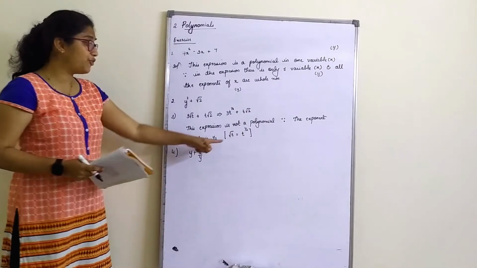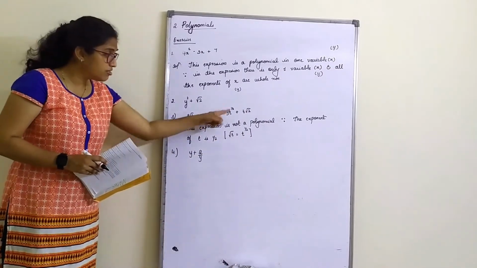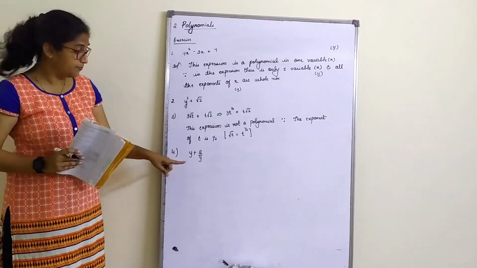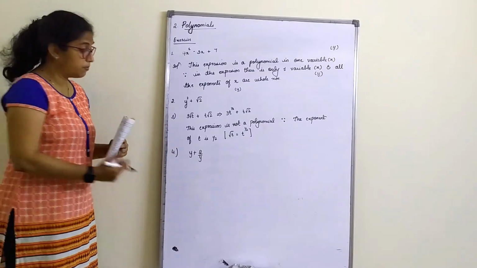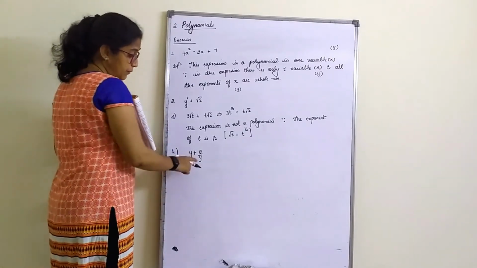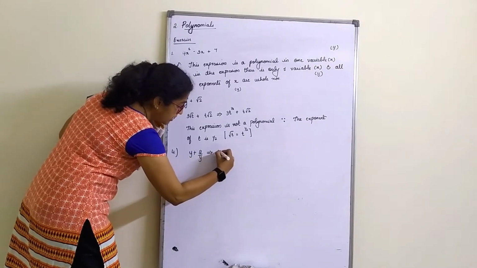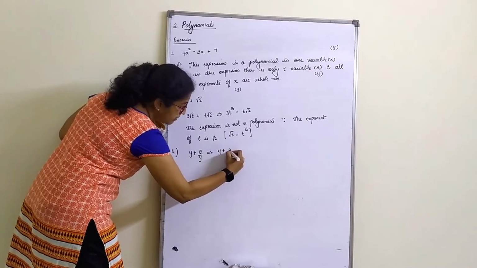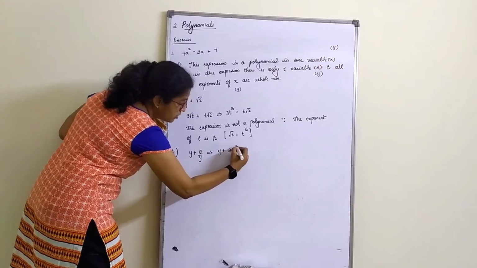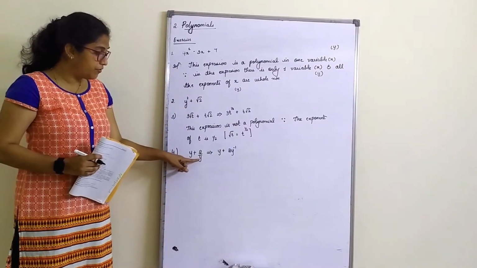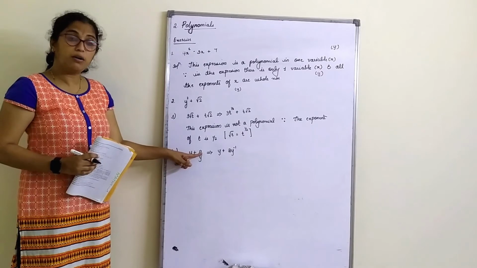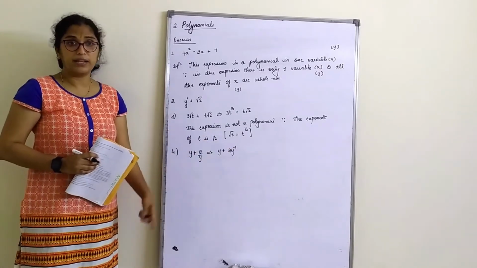It is very simple for you to write down; I have just rewritten this polynomial once again. Now look at the next one, y plus 2 by y. Now 2 by y is there, so I will write this expression as y plus 2y raised to minus 1. 2 upon y, I took it on top and made it minus 1.